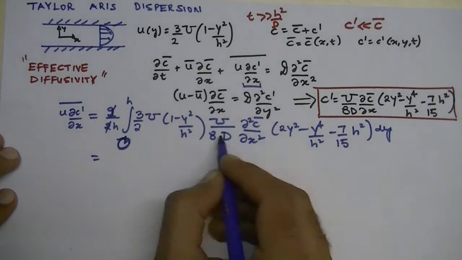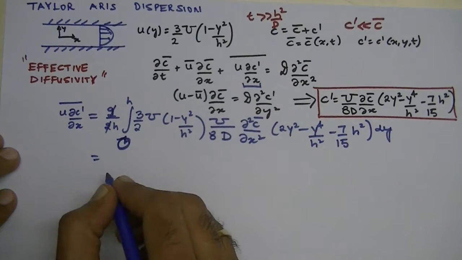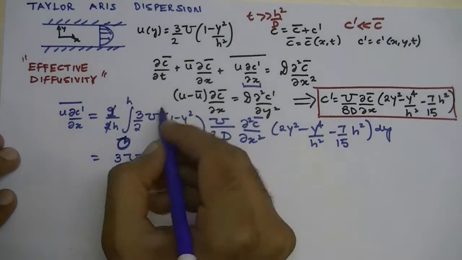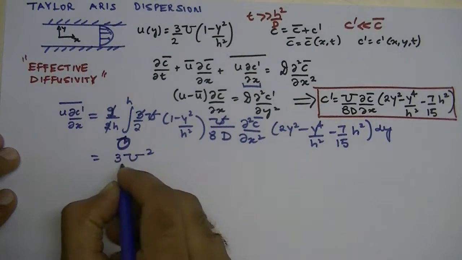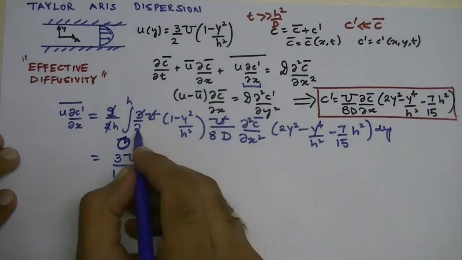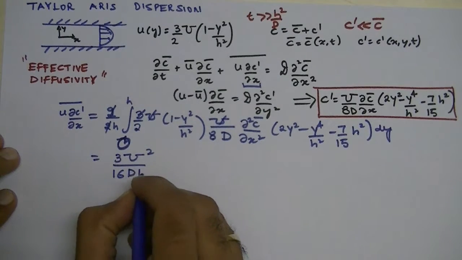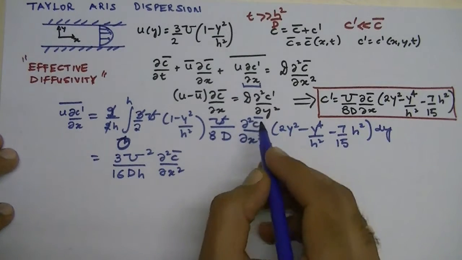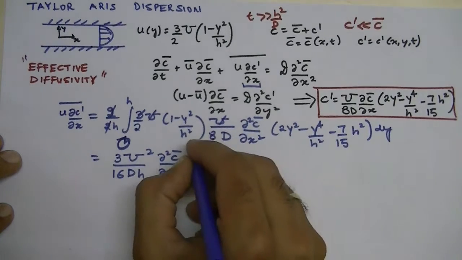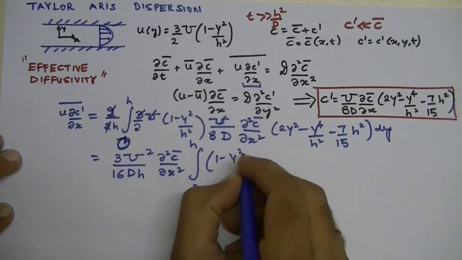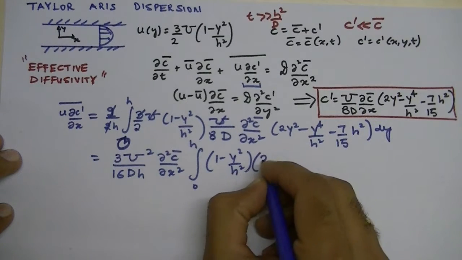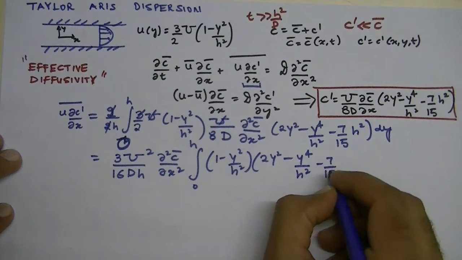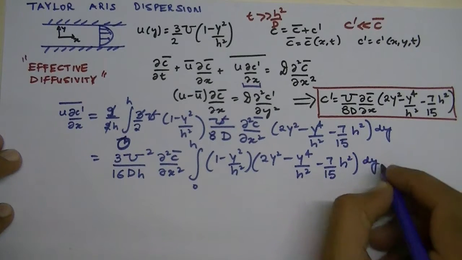So eventually, if we bring these constant terms outside this integral, this is what we are going to get: 3 times u squared over 16, from this 2 and 8, D h del squared C bar by del X squared, because the depth average concentration is not a function of y, and we have this integral of 1 minus y squared over h squared times 2 y squared minus y to the power 4 over h squared minus 7 over 15 h squared dy.